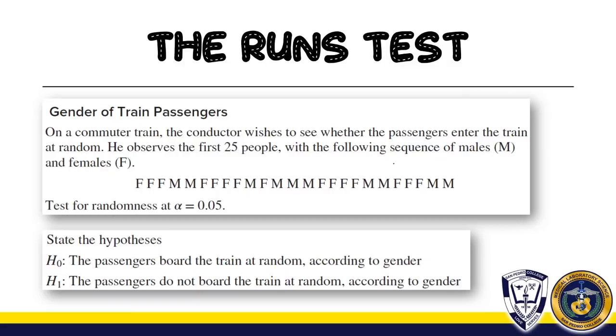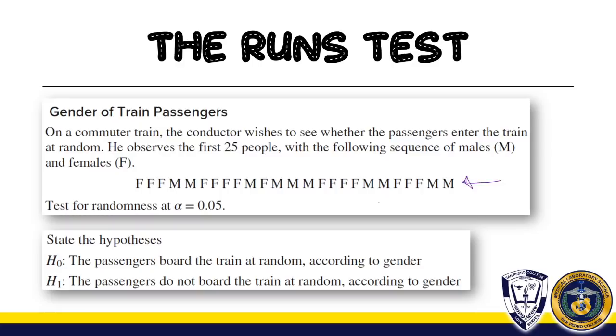So this is our sequence of events. As I said, in terms of how it is placed, when you encode it in Excel, it should be the same sequence. And then test for randomness at level of significance 0.05, or alpha 0.05.